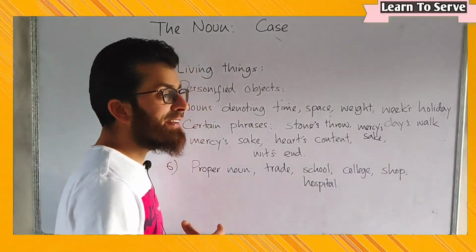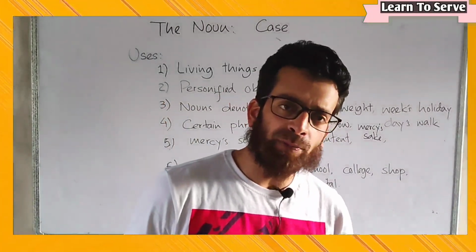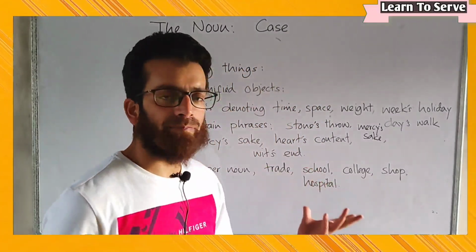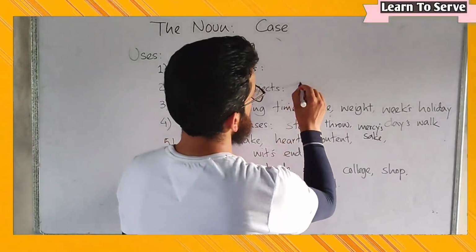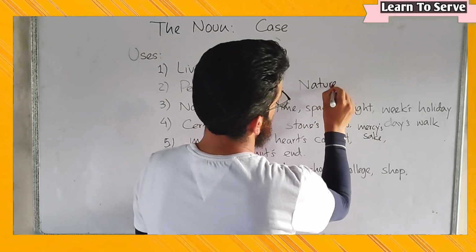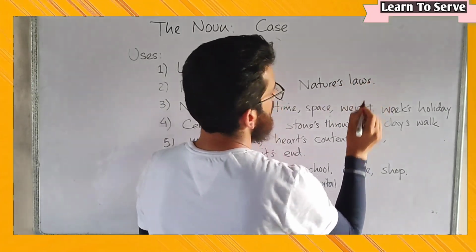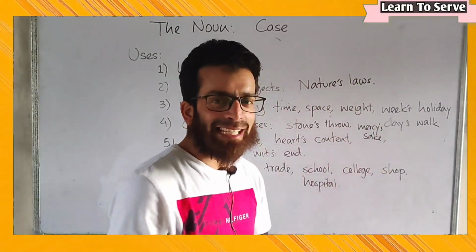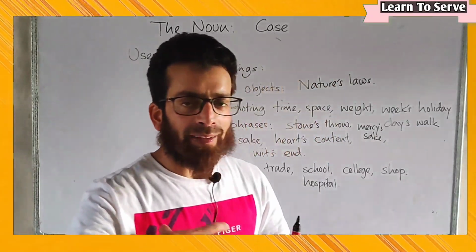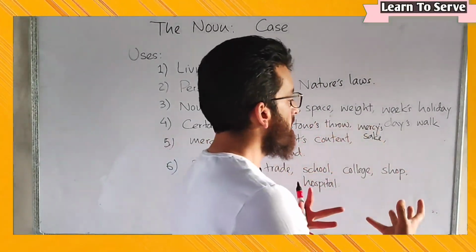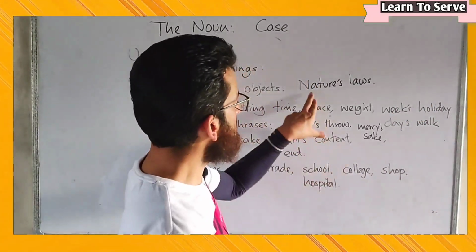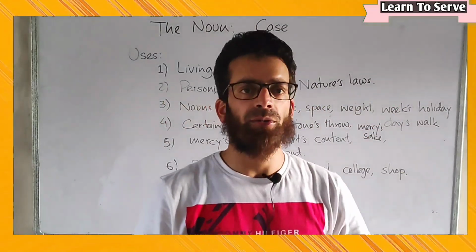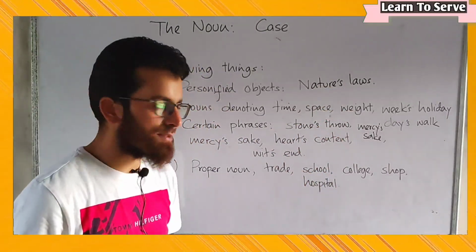So there are certain personified objects, and with those you can use this possessive case. For example, if I say nature's laws, you know that laws deal with human beings, but when the same word, laws, is attributed to nature, nature becomes personified. So you can say nature's laws. This way you can use the possessive case.